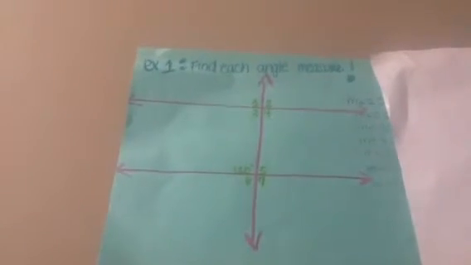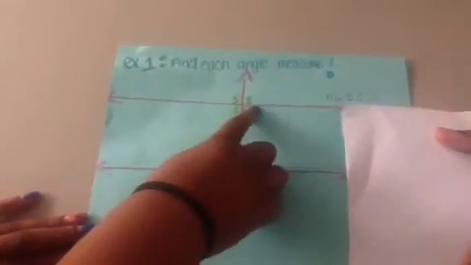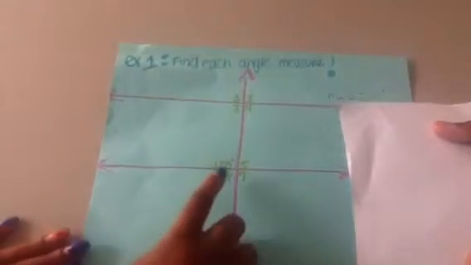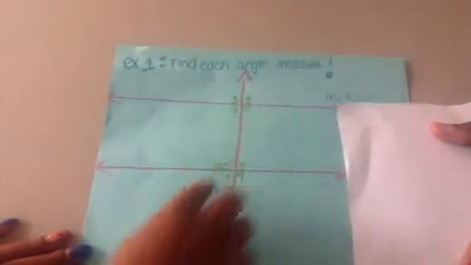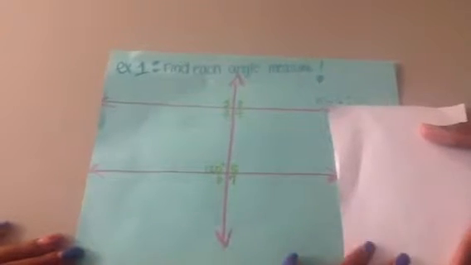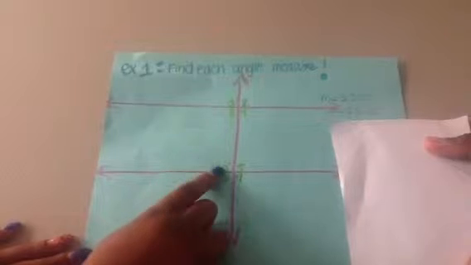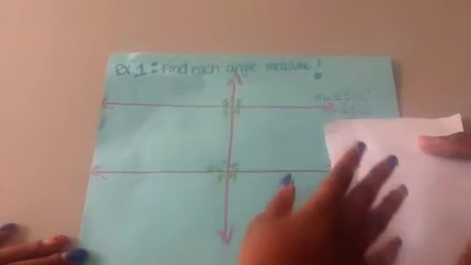So in order to find measure angle 1, they are corresponding angles. So measure angle 1 equals 120, as I wrote. Now to find measure angle 2, measure angle 8 and measure angle 2 are alternate exterior angles. So therefore, you have to subtract 120 from 180, which is 60.